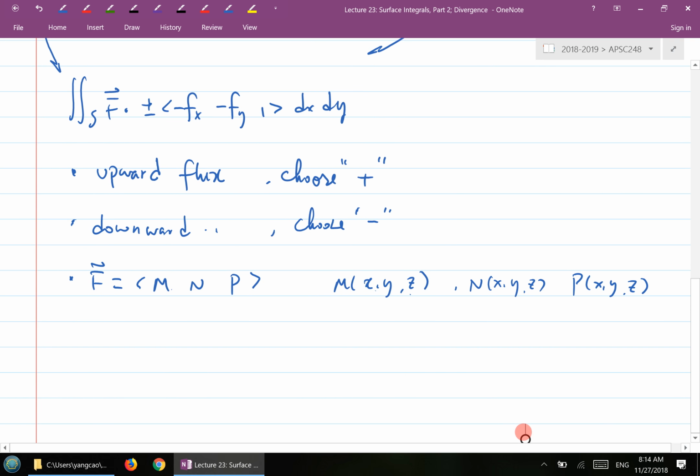So the bottom line is, you cannot have x, y, z showing up at the same time in this double integral, or the surface integral here, because we are integrating with respect to x and y, right? So we have to get rid of that z variable. How do I get rid of the z variable here? What should I replace the z with?